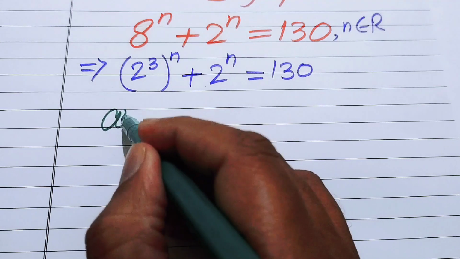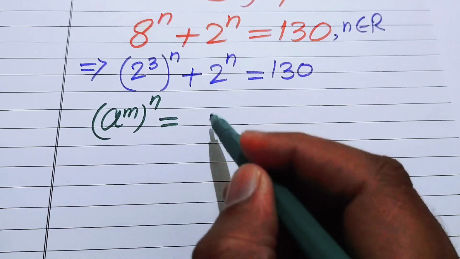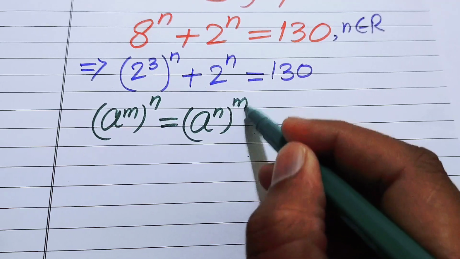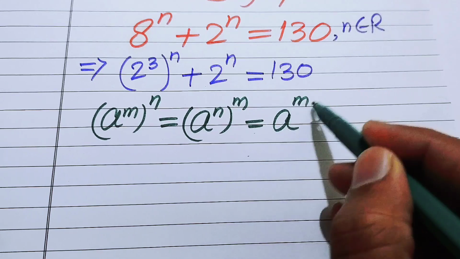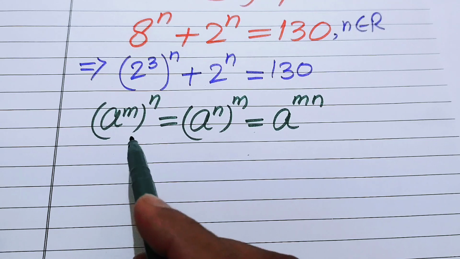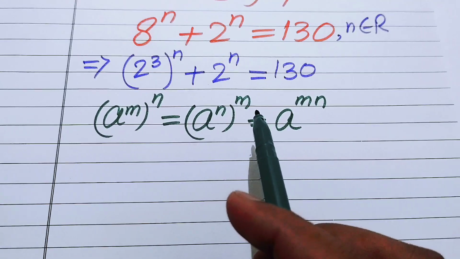In the next step we will use the nice exponential law. If we have a to the power of m, to the power of n, it equals a to the power of n, to the power of m, and this whole equals a to the power of m times n. It means that if you interchange these two exponents, it does not affect our final answer.